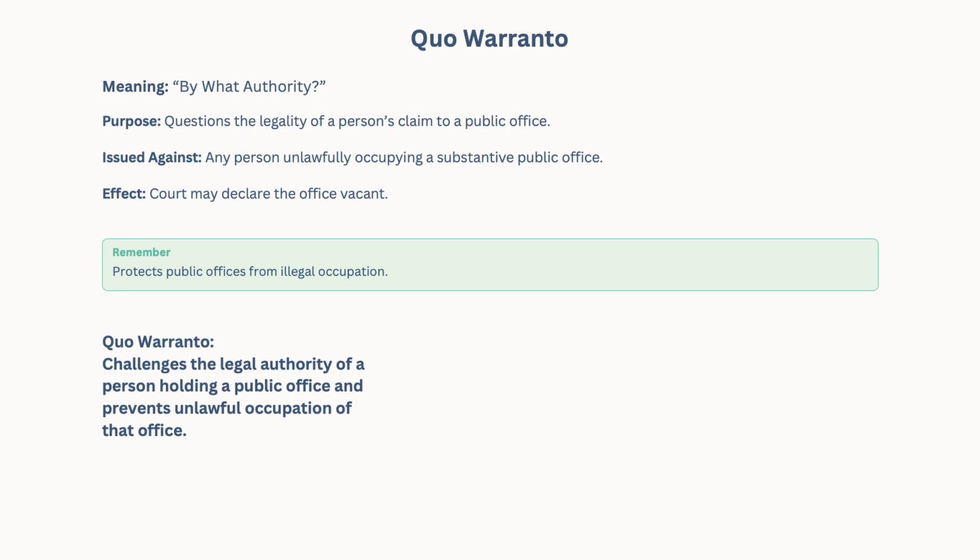Let's say, a backdoor appointment. He's just a mere graduate, but to be a university vice chancellor, you need to have a PhD degree. But he becomes a university vice chancellor, so we can take the matter up to the court, and then the court will issue a quo warranto writ, questioning that person: by what warrant, by what authority are you holding this post?